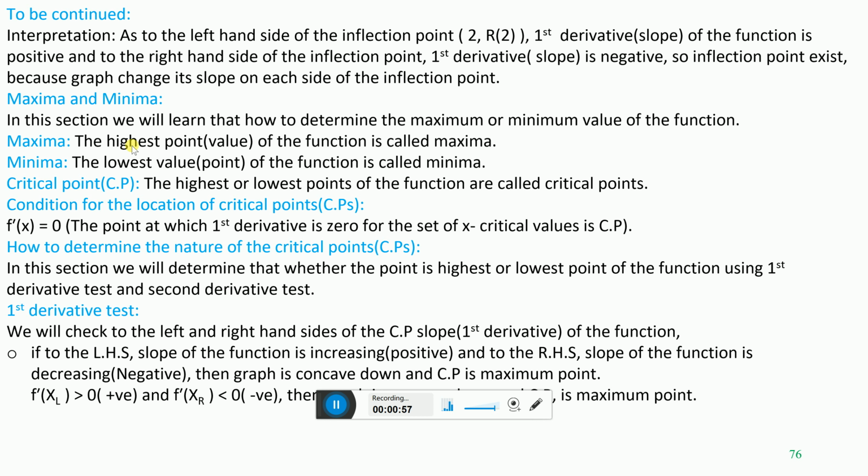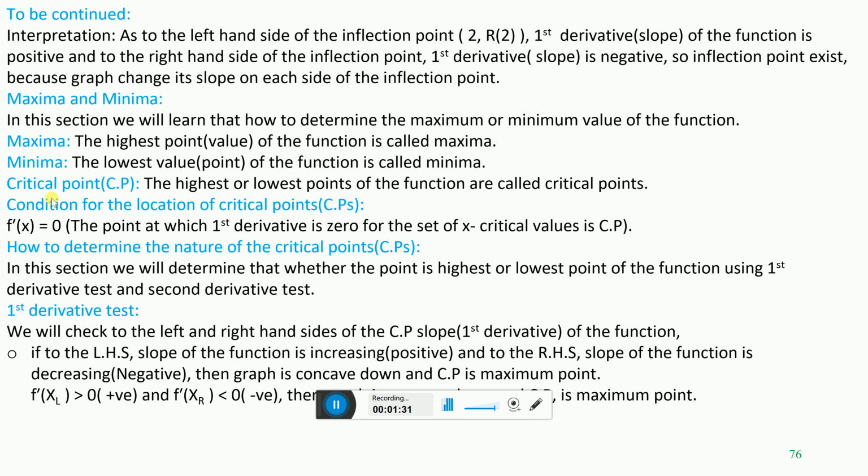And minima, the lowest value or lowest point of the function compared to the other nearby values or points, is called minima. So in the section on maxima and minima we will learn how to identify the highest value or lowest value of the function.